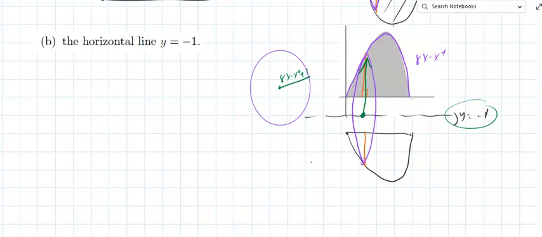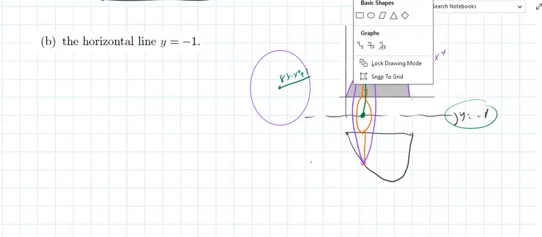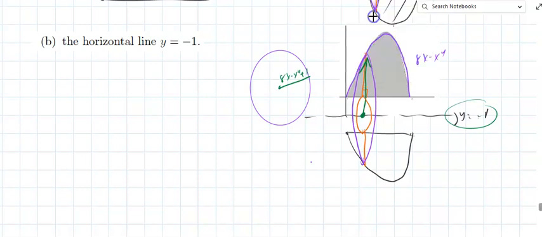And I notice there's a hollow part right there, where this distance is simply top minus bottom. 0 minus a -1 is 1. And all I want is to find the area of that washer.